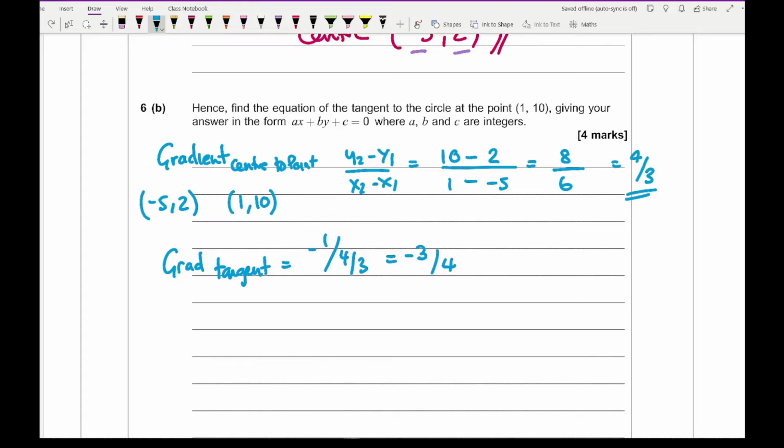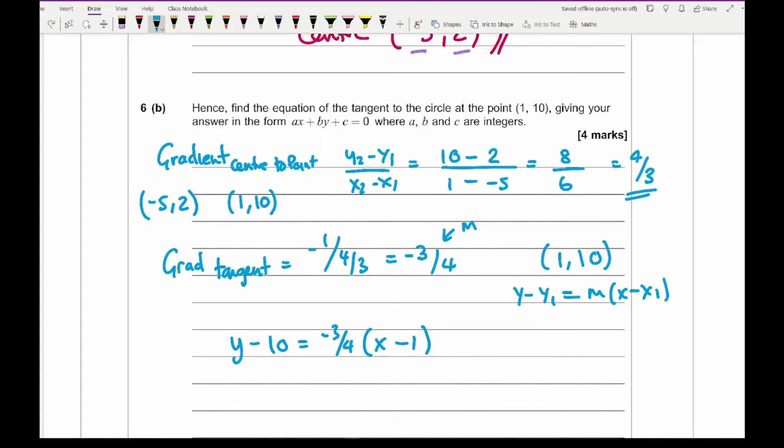Then from this I can use the coordinate (1, 10) and substitute it all into the equation of a straight line, which is y minus y1 equals m(x minus x1), where this is my value of m. Then I get y minus 10 equals minus 3 over 4 (x minus 1).